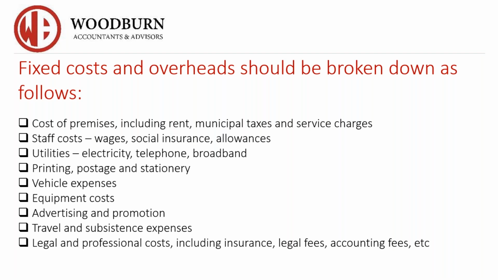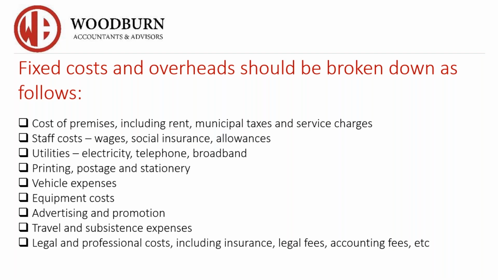Because I want to be able to compare year on year all the subheadings on these generalized headings. So for example, cost of premises. I want to know in a subheading the rent, the management fee, and any service charges. Under staff costs, I have underneath that gross salary, social insurance, allowances, commissions, and bonus.